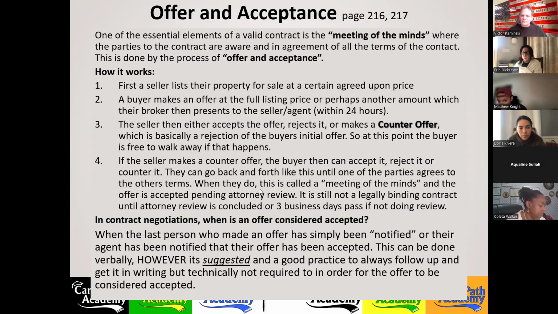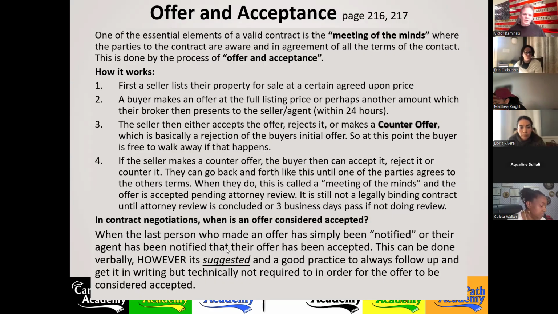And when they do, this is called a meeting of the minds. And the contract is accepted pending attorney review. It's still not a legally binding contract until it goes out of attorney review, or attorney review did not happen and 3 business days have passed without doing attorney review. Then it just becomes legally binding as it was written.